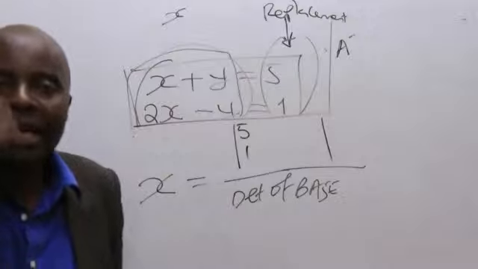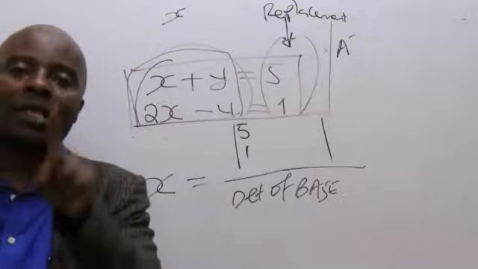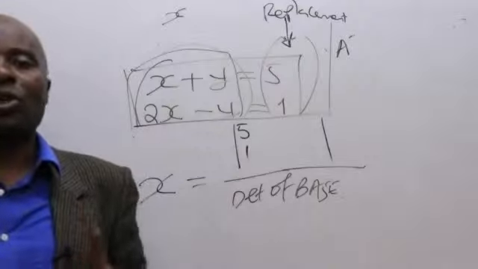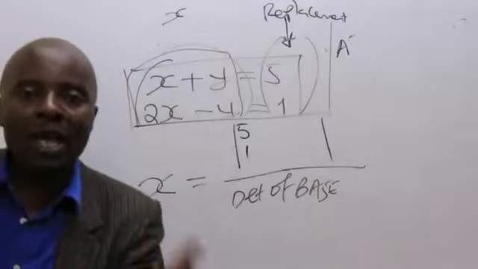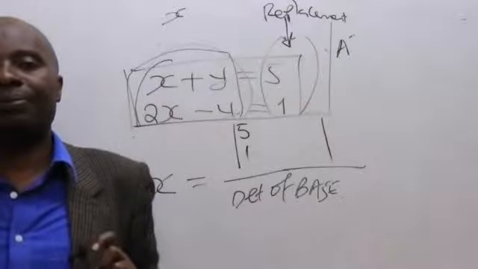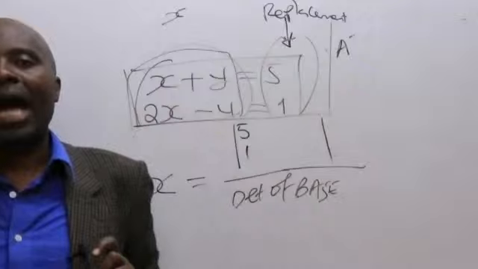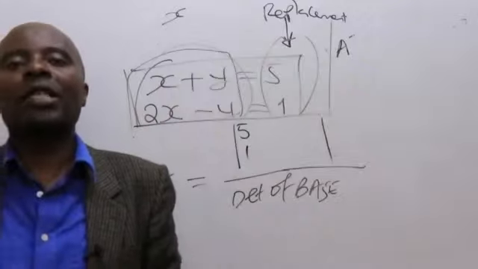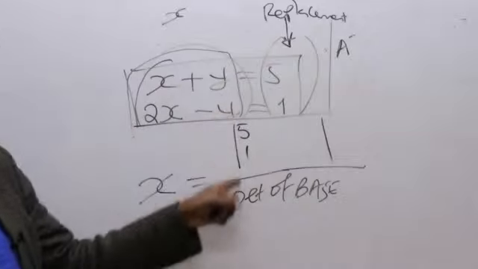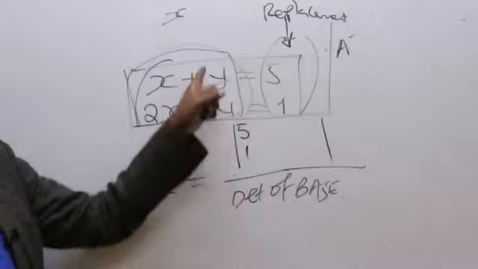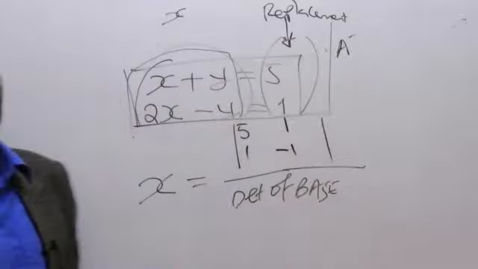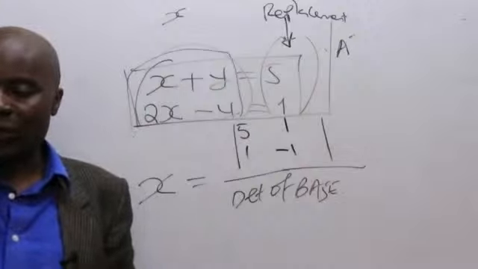And if column x has disappeared, then the column y has to remain. So y column is column number 2, and I know the coefficients of column y. Coefficients here are 1 and minus 1, like that.